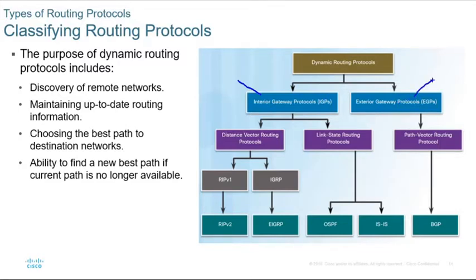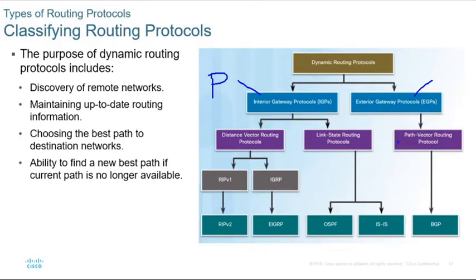The other one is the exterior gateway protocols. If we divide this, the first row just below the dynamic routing protocols is what we call the purpose. The purpose of the dynamic routing protocol can either be an IGP or EGP.